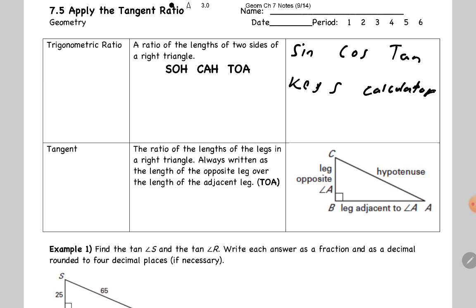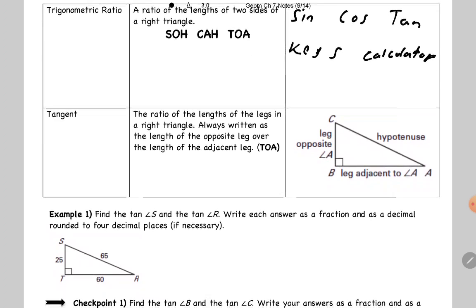And all these are ratios comparing different sides of a right triangle. So we're going to just look at tangent this time. Tangent of an angle, so we call that angle theta.